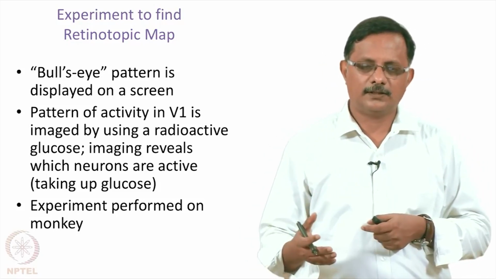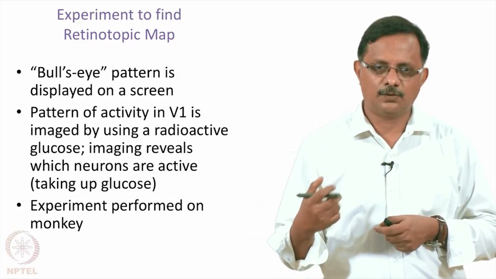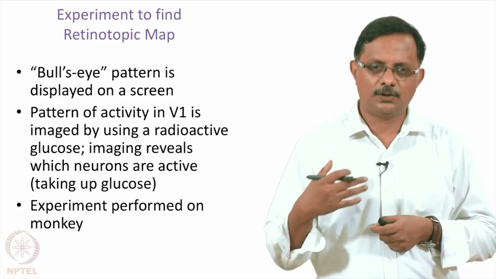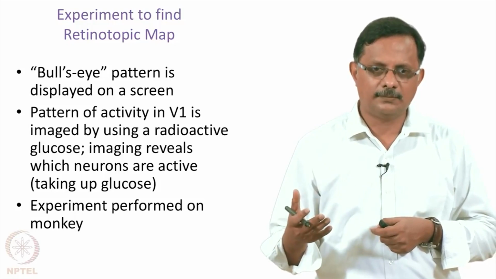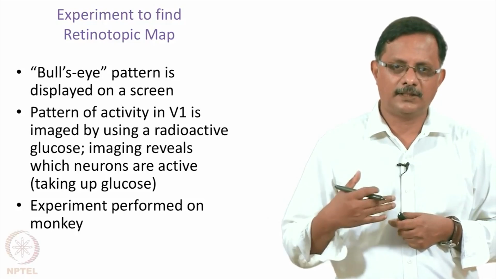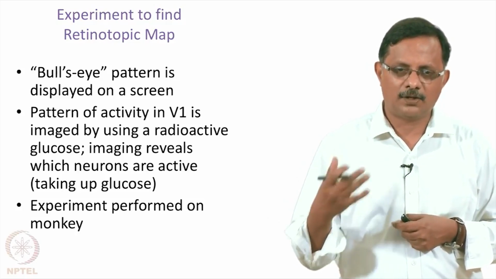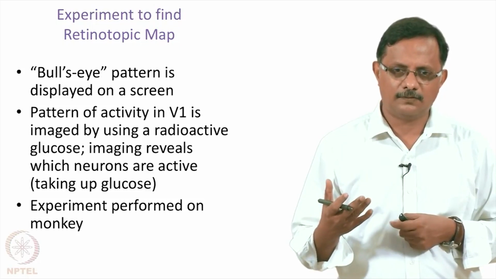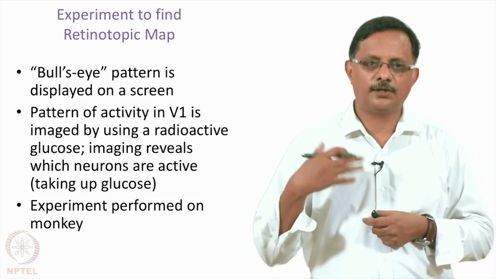Basically, what they do is inject radioactive glucose into the bloodstream of the animal. We know that neurons need glucose from the bloodstream to run their firing activity. So, this radioactive glucose is picked up by active neurons, and therefore, wherever neurons are active, they take up this tracer, this radioactive glucose, which can be seen in an autoradiograph, right.